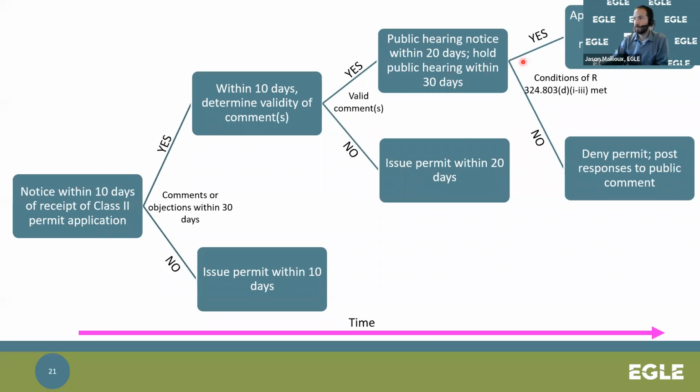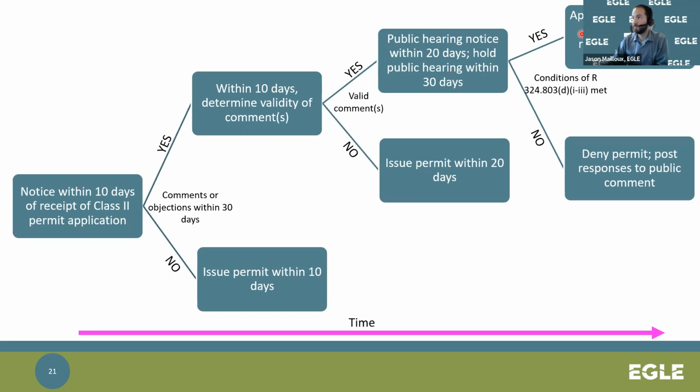Finally, after the public hearing, if we go up this leg and we go to the public hearing, I didn't type all this out, but I will read this on the side. If the conditions of 803D, I through III are met, so that's the application complies with the requirements of the rules, the method of injection proposed in the application complies with the law, and the proposed method of injection will not threaten public health, safety, and will not create waste or endanger an underground source of drinking water.